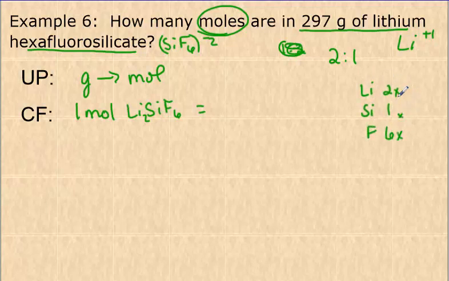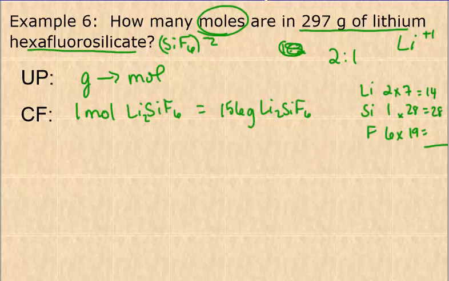We need to get the masses from the periodic table, and I'm going to round a little bit since I'm out of room here. Silicon is 28 and fluorine is 19. So 14 plus 28. I didn't write down what 6 times 19 is, but the total is 156 grams of lithium hexafluorosilicate.